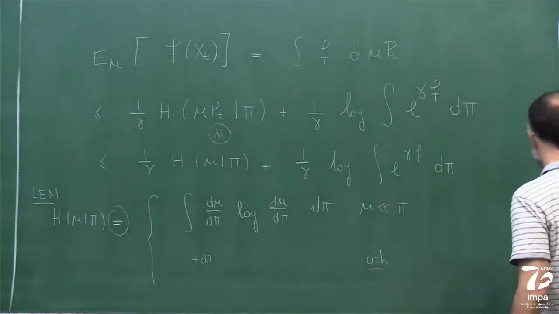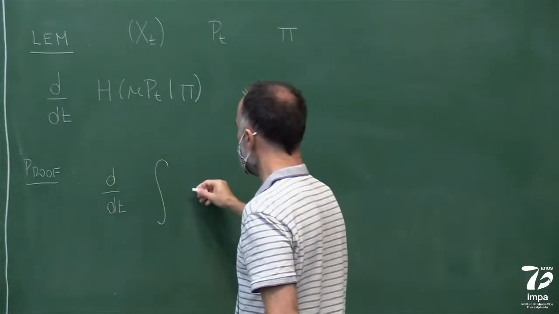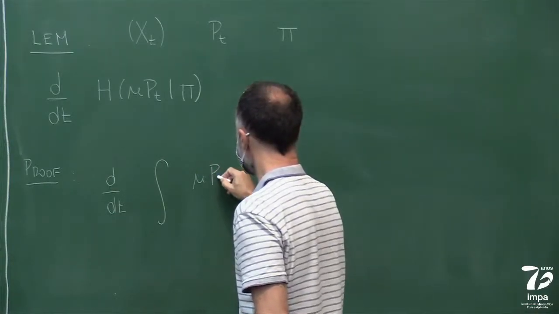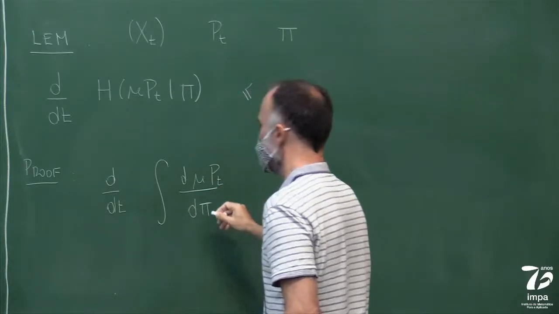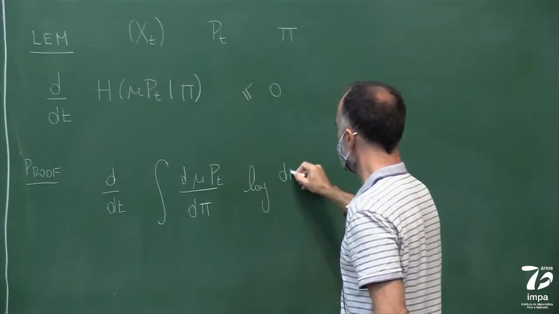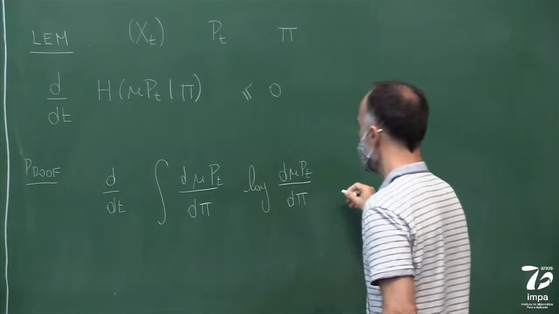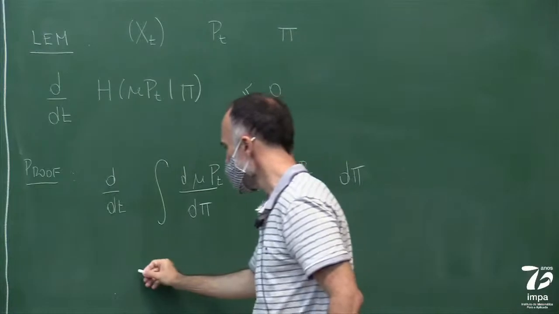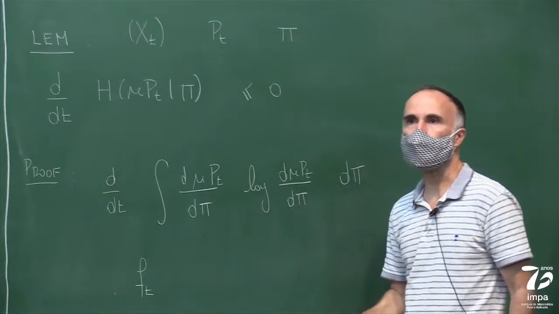Okay? So this is the integral of log d mu PT d pi, d pi. So mu PT is absolutely continuous with respect to pi.